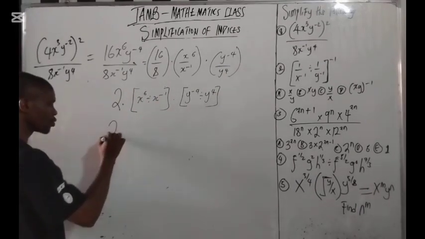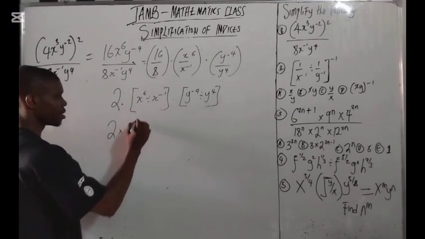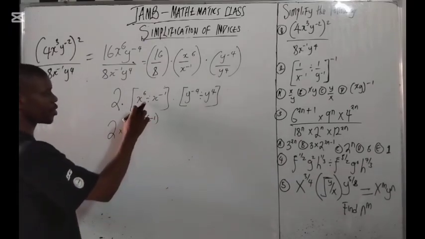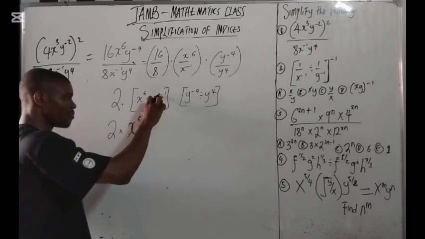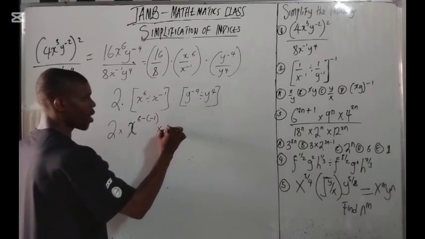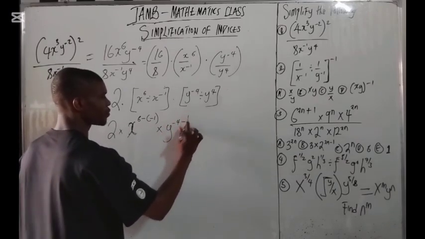So here we have 2 times x to the 6 minus 1. It's okay. 6 minus, because this division is minus 1, is minus. Then here we have minus again, right? So here we have times y to the minus 4 minus 4.